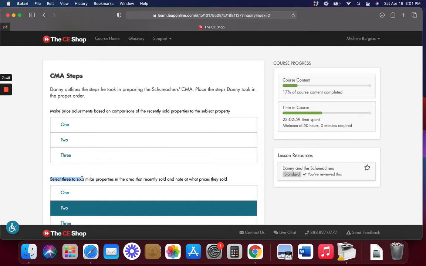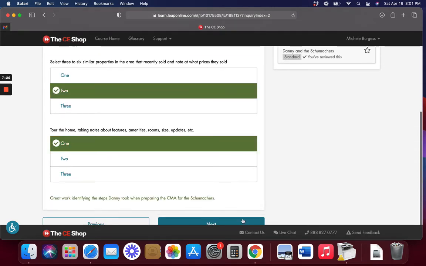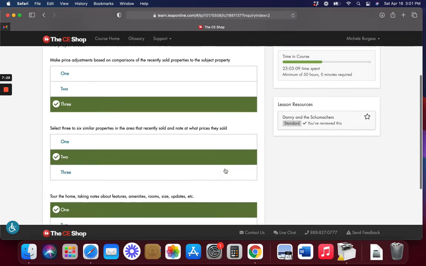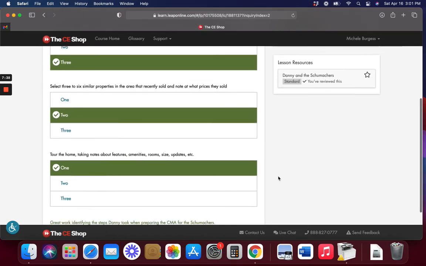Because you only want 3 to 6 similar properties. Otherwise, it gets out of hand. And you're going to have too many houses. So you'll figure this out as you go along. If you need a screenshot, there you go. These are some of the questions that could be similar on your test.